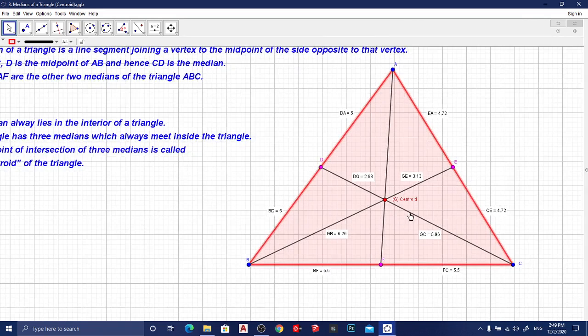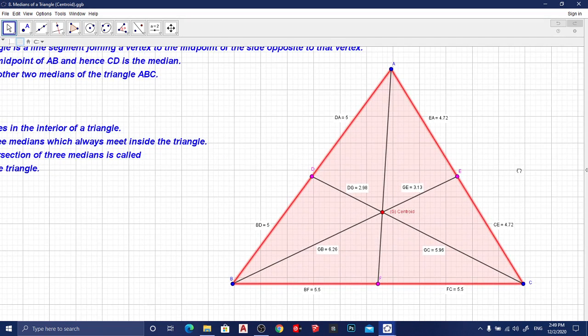One more thing you have to remember in this concept: any median is divided by the centroid into a 1:2 ratio.